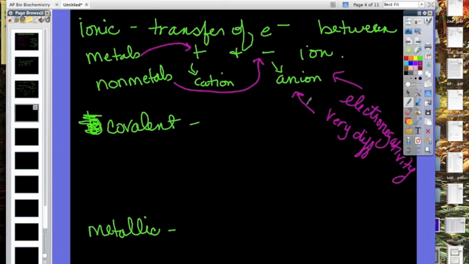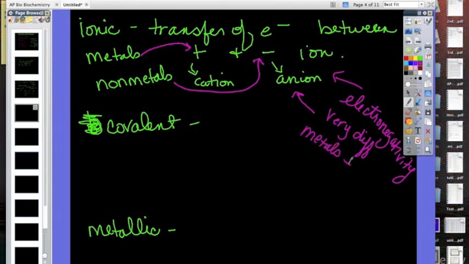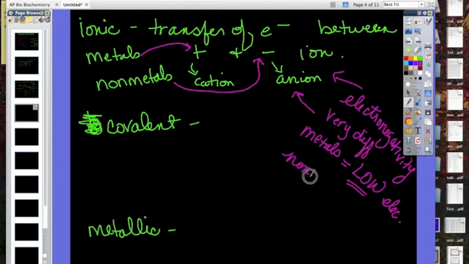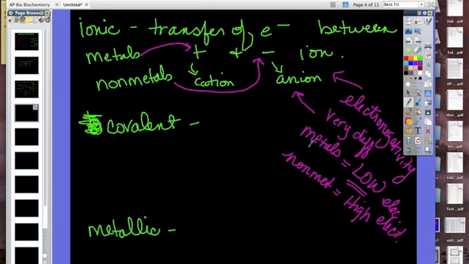And the reason you have an ionic bond is because metals have a low electronegativity, you need to remember that, write that down. Metals have a low electronegativity, and nonmetals have a high electronegativity. So that means that nonmetals pull the electrons off the metals, and that's why you get an ionic bond with a charge.